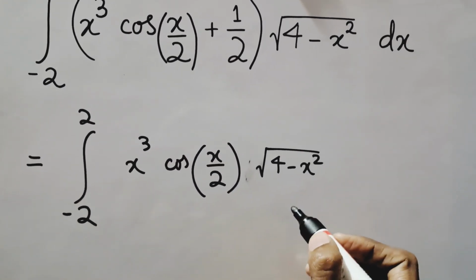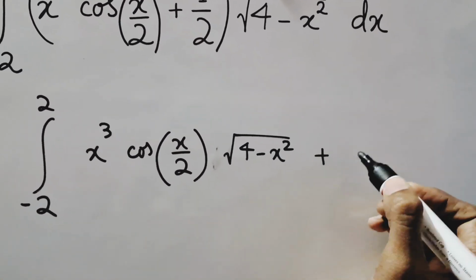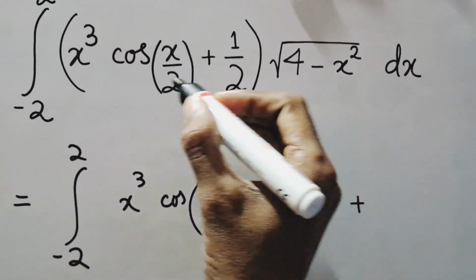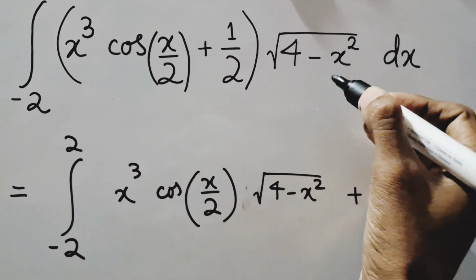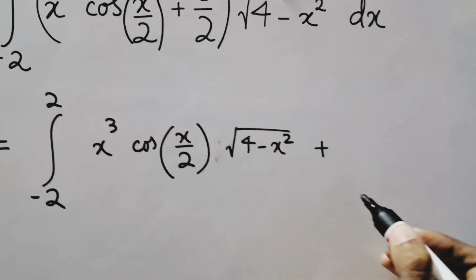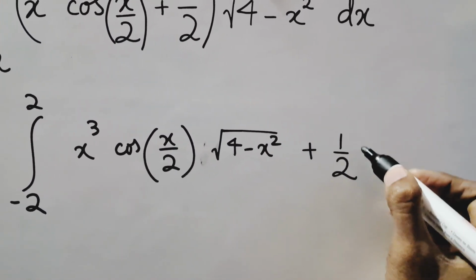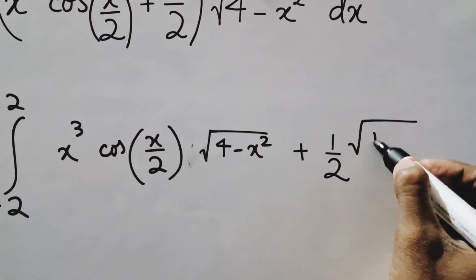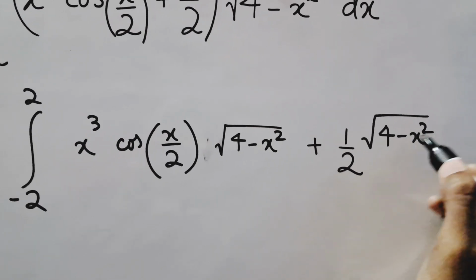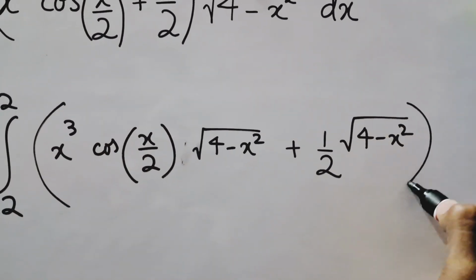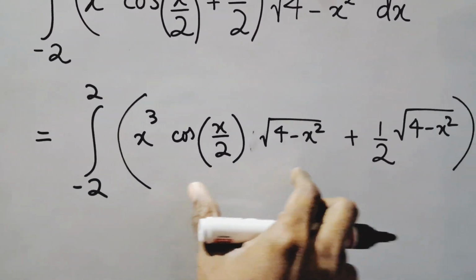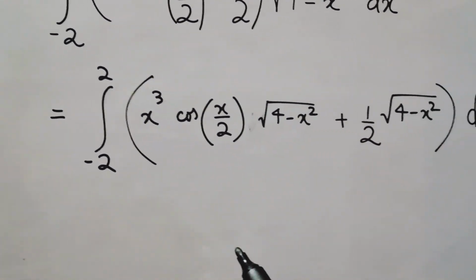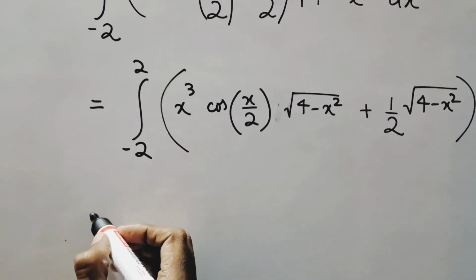This is our first term, plus the second term is half, this multiplied by this: half multiplied by square root of 4 minus x square. Why we have separated this, we will see. It will be very easy for us.